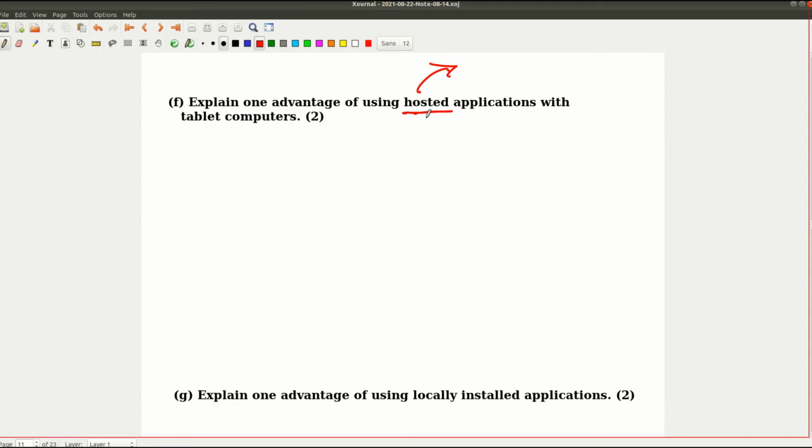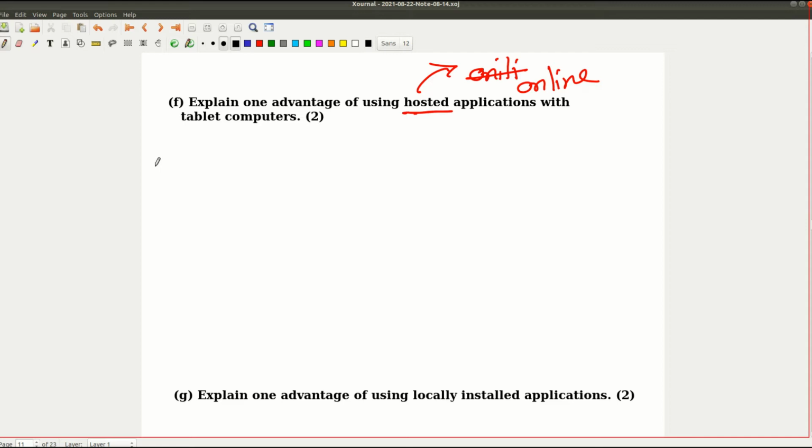This is called a hosted application. So hosted means online. The answer is that a hosted application is stored online, so the user doesn't need to update regularly, and they can collaborate in real time.